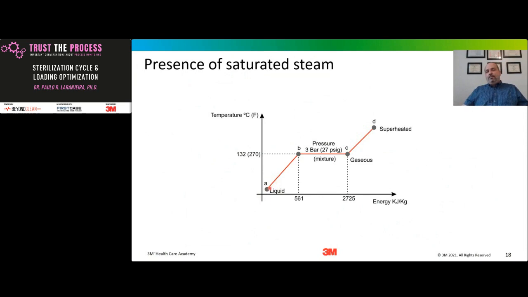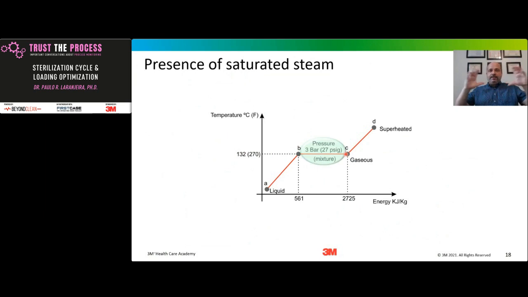It's going to get water, heat up the water to a certain pressure. At that pressure, by holding that pressure, I'm going to have temperature, and I need to heat up that water, that steam, and to move from point B to point C, because this is where the sterilization occurs.